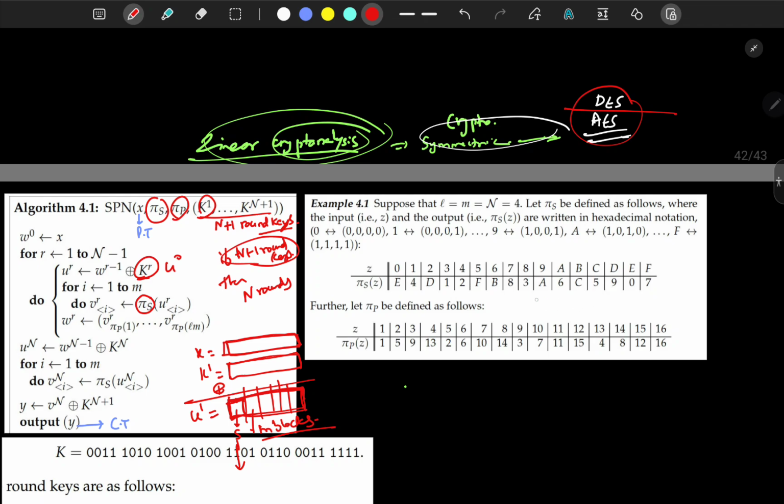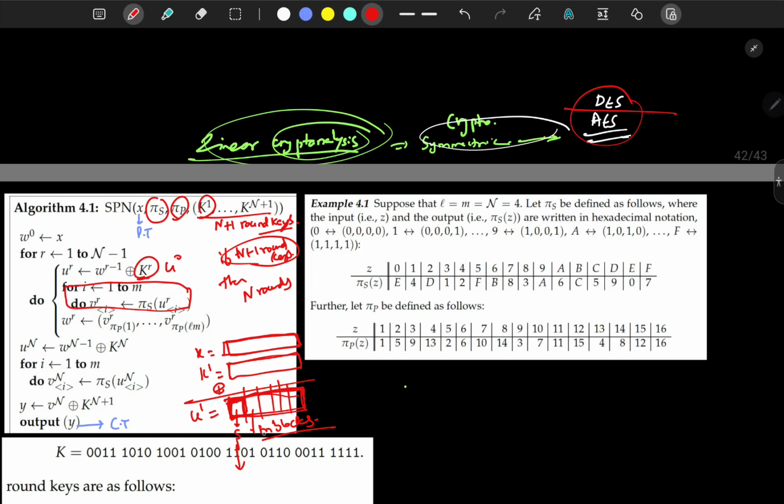Instead of f, they are taking a fancy term, pi s, this representation. Don't worry. Here also they use a subscript to indicate the block number: first block, second block, third block, and so on up to m blocks.